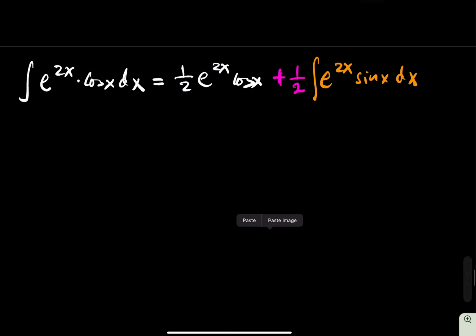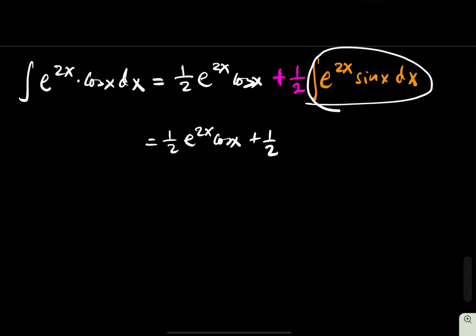But check this one. This is going to be 1 over 2 e to the power 2x cos x, and then plus 1 over 2 times this integral, the one that you just found.